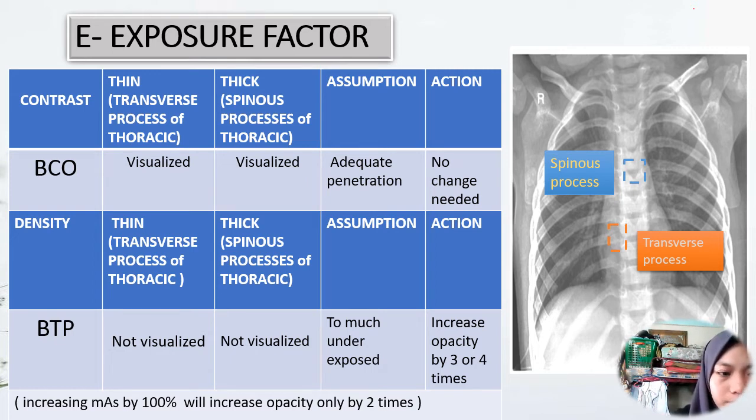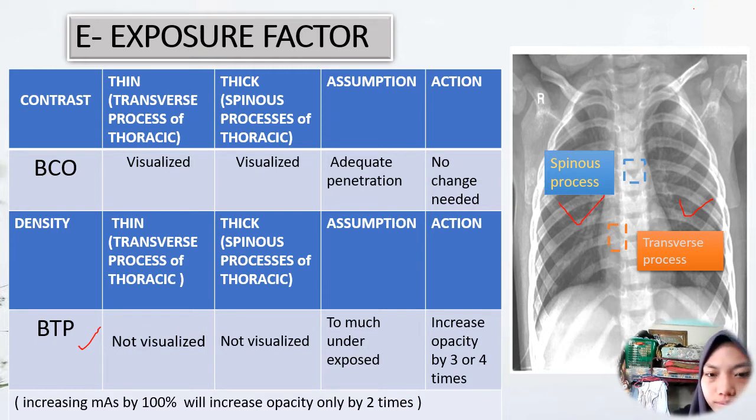For the mAs, used is inadequate because too much underexposed. This is because the bony trabecular pattern of thin structure, which is transverse process, cannot be seen, and for the thick structure, which is spinous process, also cannot be seen.